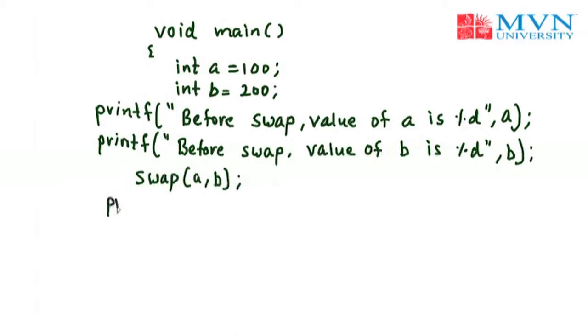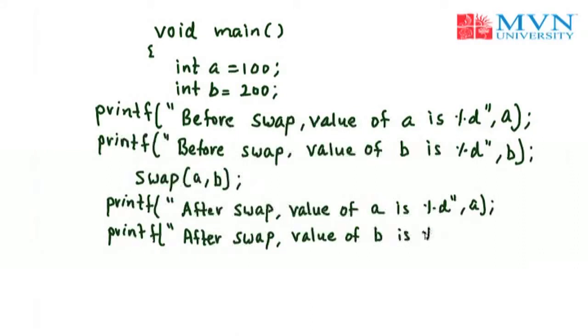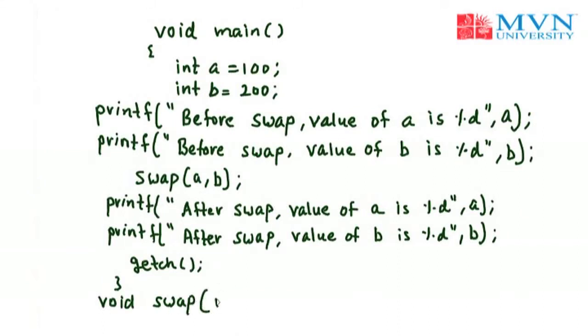Then we write two printf statements: after swap value of variable a is %d, a, and after swap the value of variable b is %d, b. Then getch(). Then we define the function swap using void swap(int x, int y).